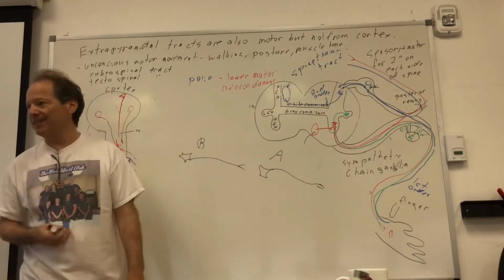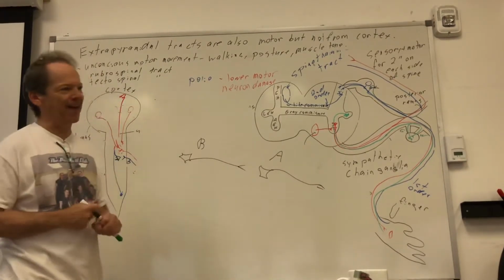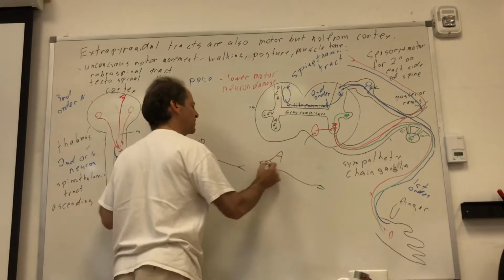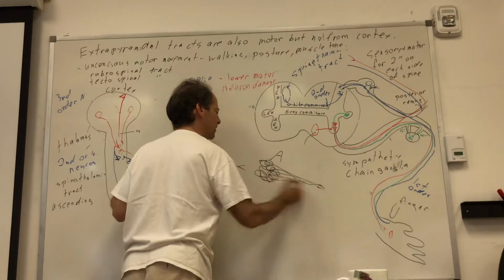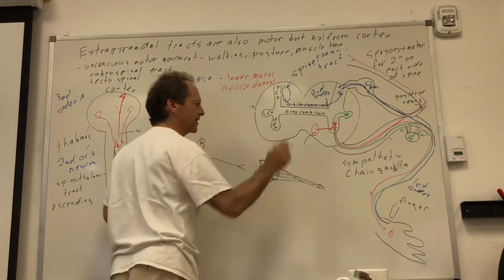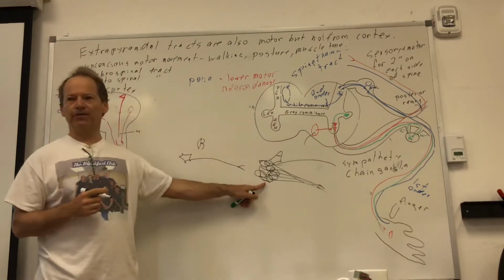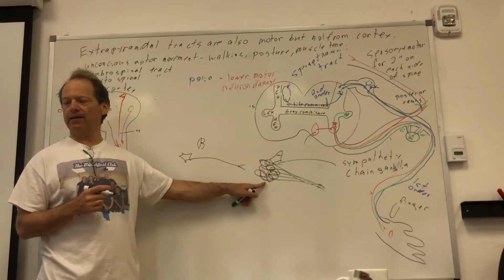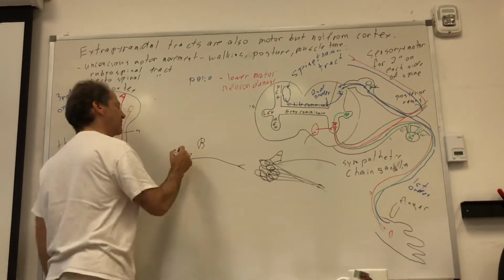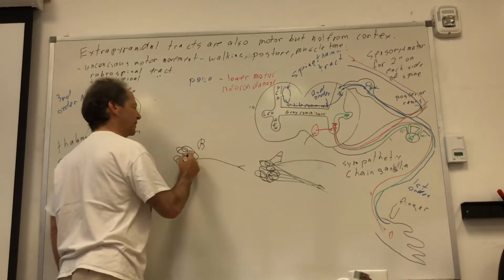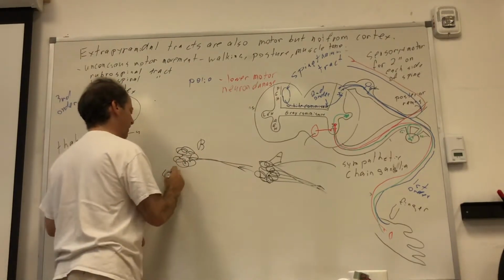But you know you never see these neurons alone. You see them in gangs, and a gang is a ganglia. So if you have a whole bunch of cell bodies, then you have a whole bunch of neurons here, and this thing is the sympathetic chain ganglion. A ganglion is a cluster of nerve cell bodies in the peripheral nervous system. It's got stuff coming out of it. And that means it's got a lot of stuff coming into it. And this is going to be the lateral gray horn.